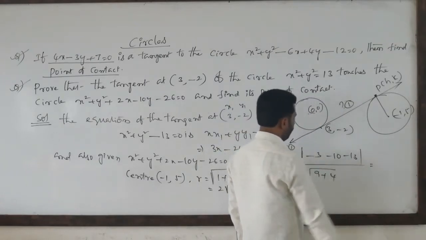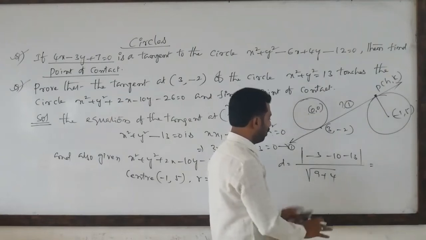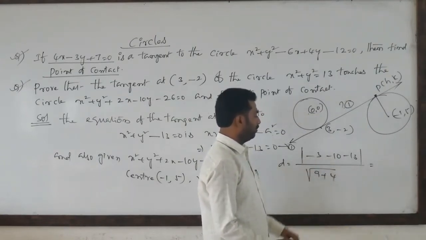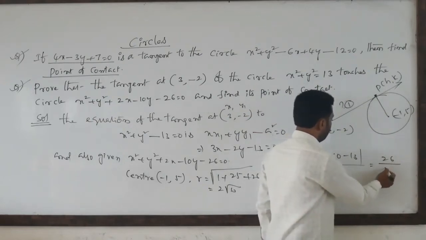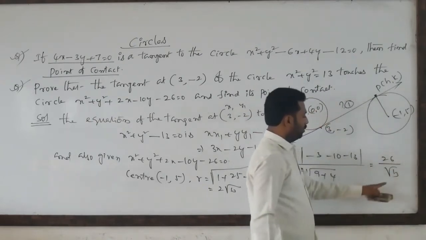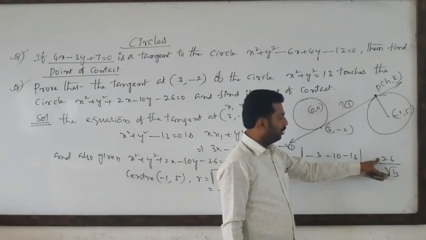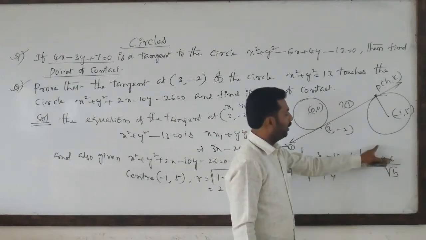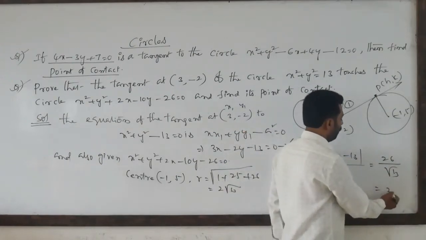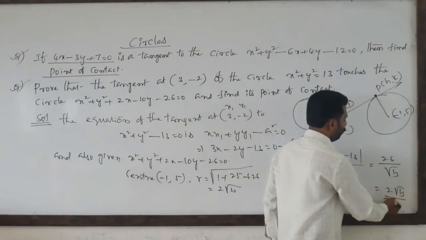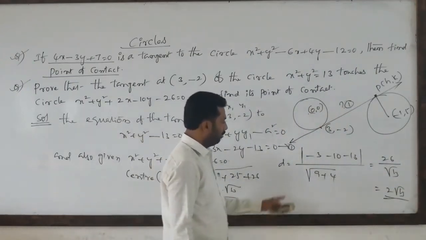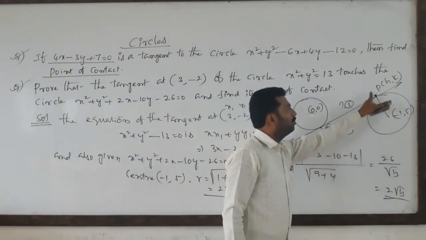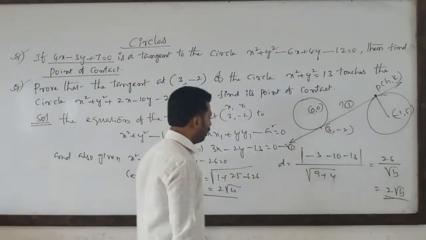So numerator is 26, modulus is there only, no problem. This is 26 divided by root of 13. So we can write this as 2 into 13. So root of 13 times cancel. So finally this is 2 root of 13. See here, the radius is 2 root of 13. The perpendicular distance from the center to this tangent is also 2 root of 13.